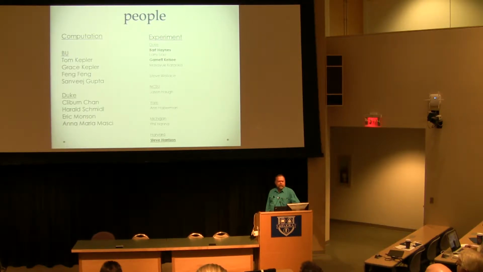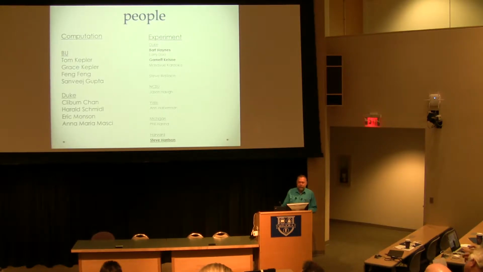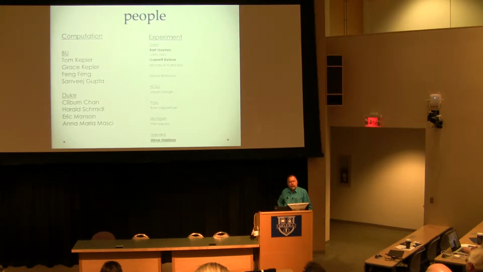And the people who are involved with that are the people at BU that I'm showing here, more people at Duke who are remaining with the project, and the experimentalists on the right, including Jason Hawk, whom you're going to hear from a little bit later on, and Haberman at Yale, and Phil Hanna at Michigan. And the other project is a project for the discovery of HIV vaccines, which is a very large project headed up by Bart Haynes.